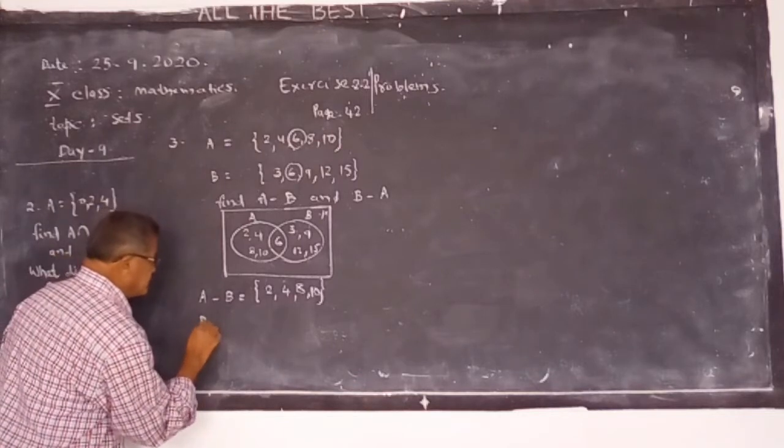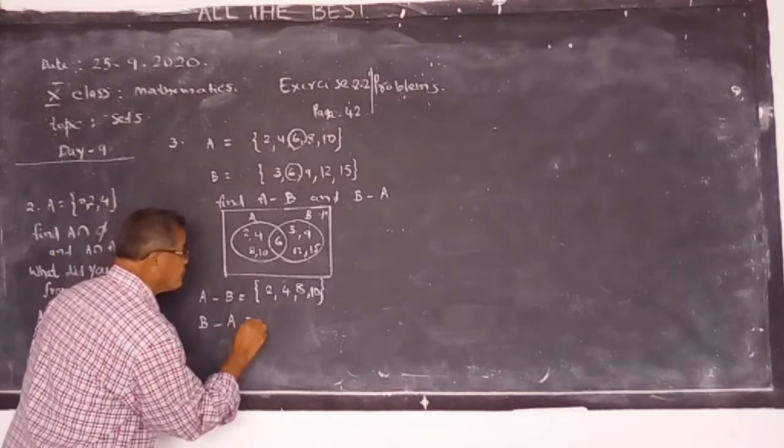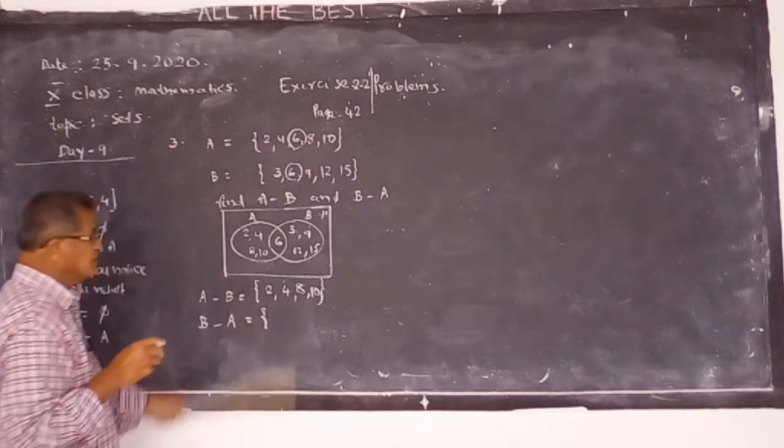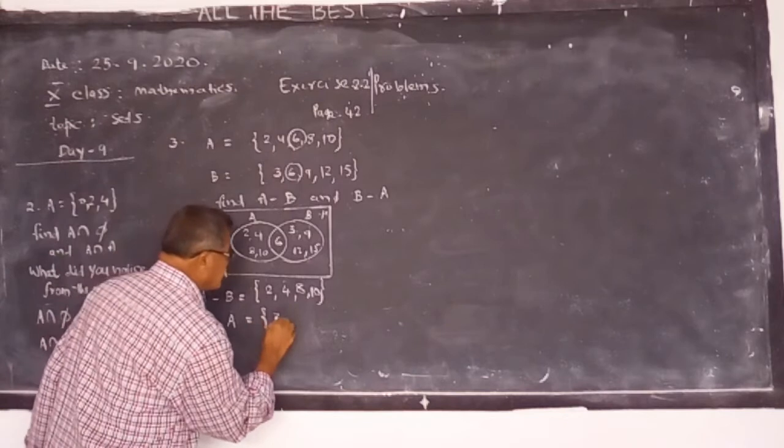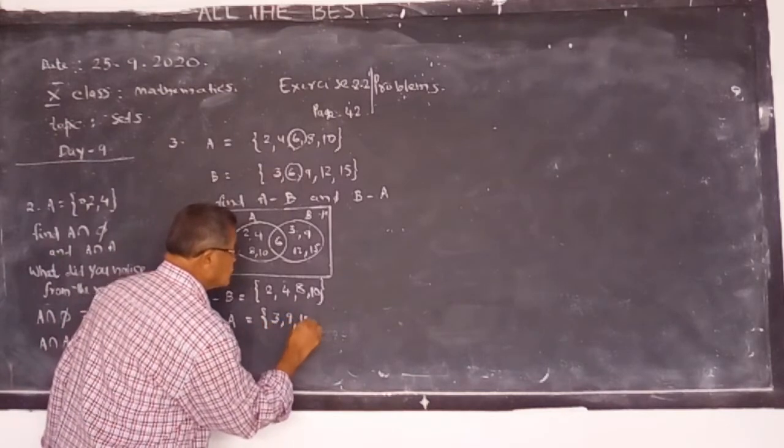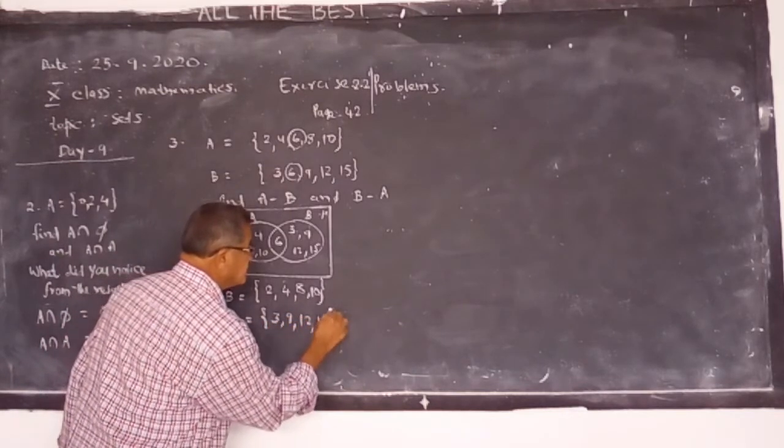Similarly, B minus A is 3, 9, 12, 15. Are they equal? No. A minus B is 2, 4, 8, 10. B minus A is 3, 9, 12, 15.